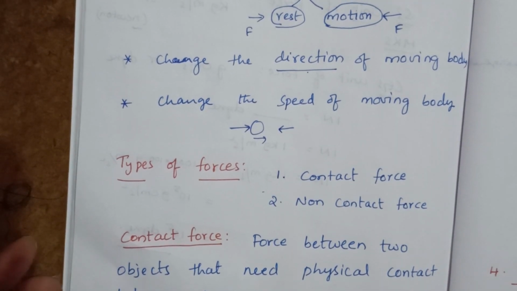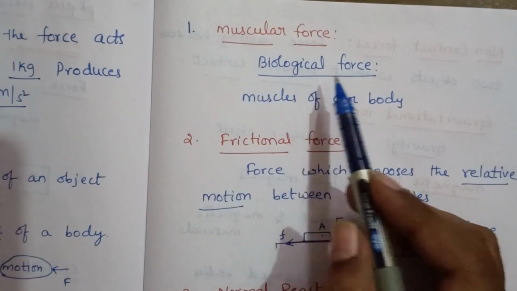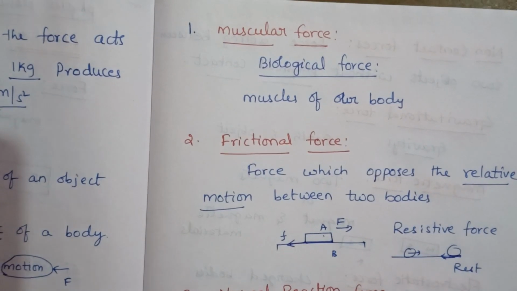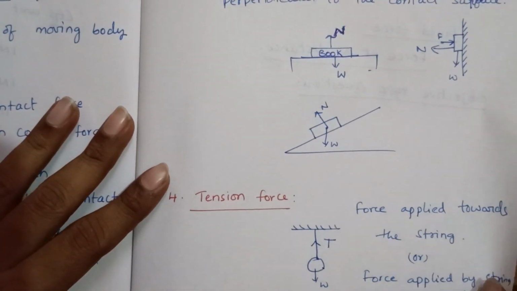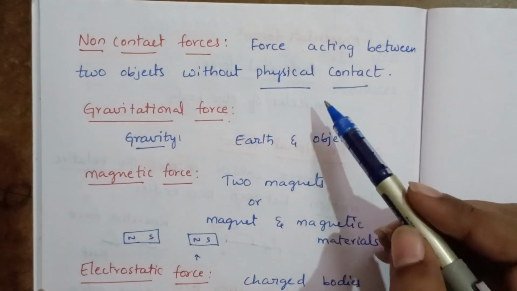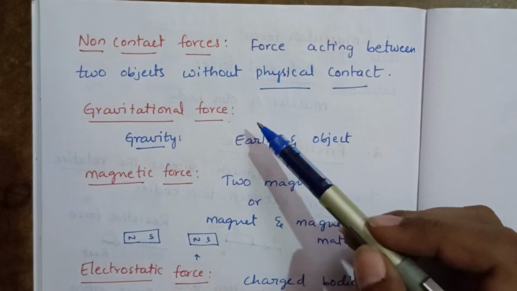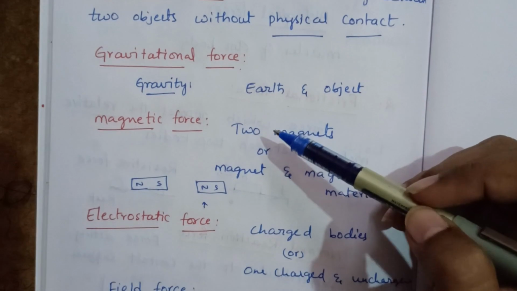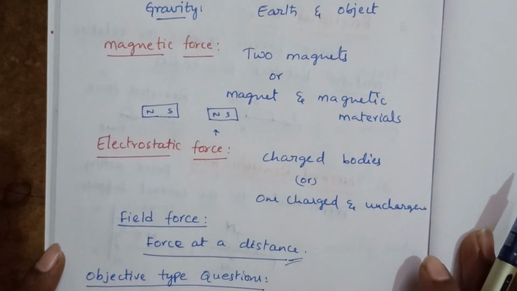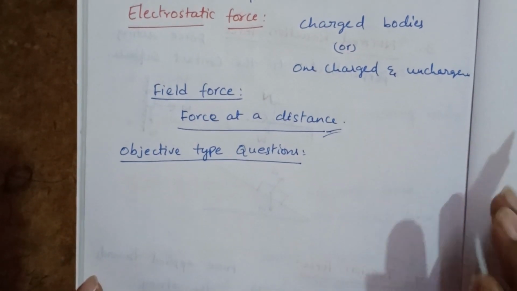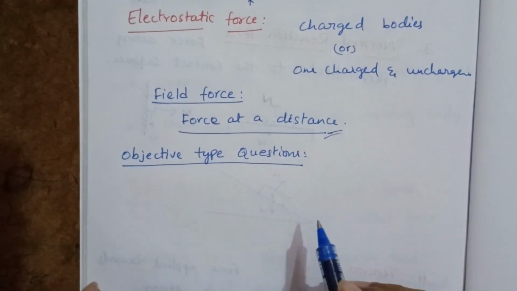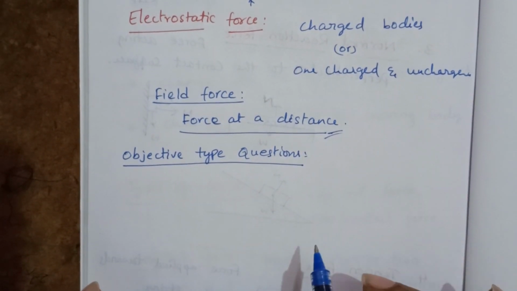Under contact forces: muscular force, frictional force, normal reaction, and tension force. Under non-contact forces: gravitational force, magnetic force, and electrostatic force.